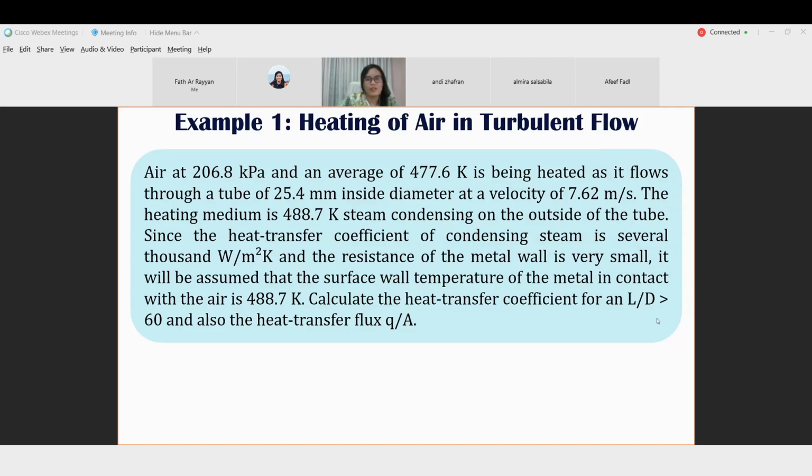So the diameter of the tube, which is 0.0, okay? Good job. You already converted from millimeter to meters, and your conversion is correct.